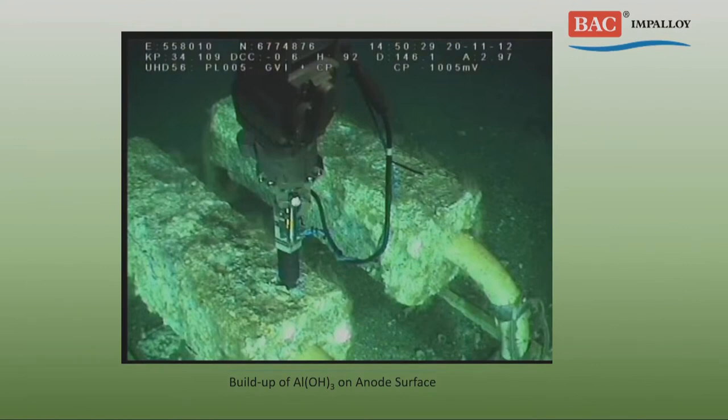Aluminium ions are soluble and they do disperse in the open seawater, but there is a build-up of hydrated aluminium oxide, basically, which is insoluble. It is quite friable and it can collect, but you don't see much of it in open seawater on the seabed. You can certainly find it in an enclosed environment, such as a harbour or marina, where there is no water flow to disperse it.